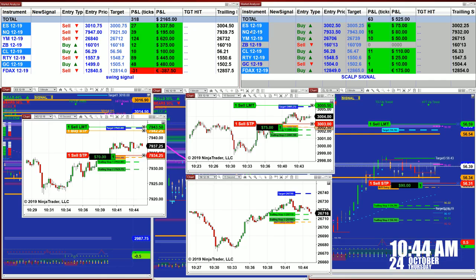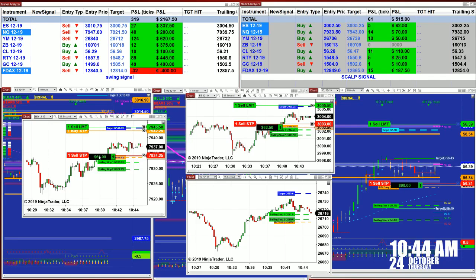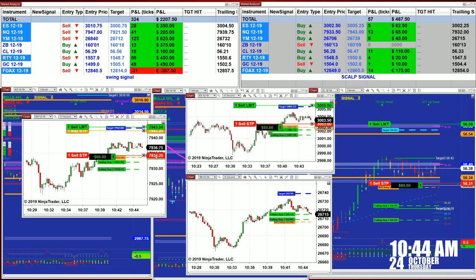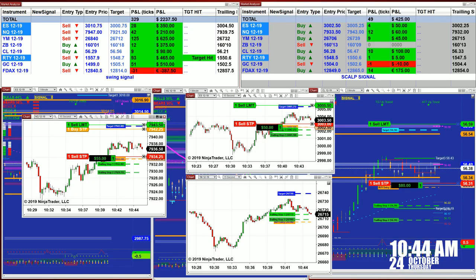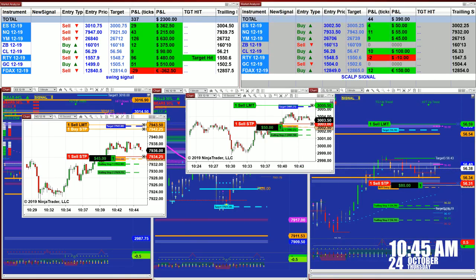On the Nasdaq with the scalper, you see there is 15 ticks, $80, because the Nasdaq is moving fast, and it is the same numbers. So okay, we are out with the YM. And probably we are out with the Nasdaq, and we are going to be out with the ES.